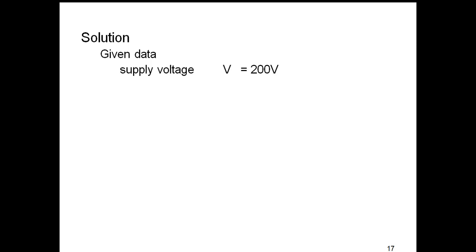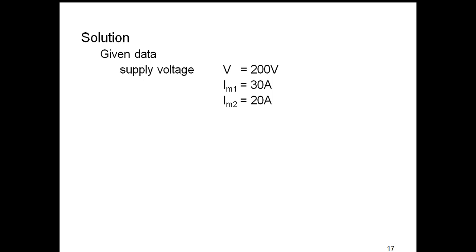It is given that the supply voltage V is equal to 200 volts and current IM1 is equal to 30 amperes.